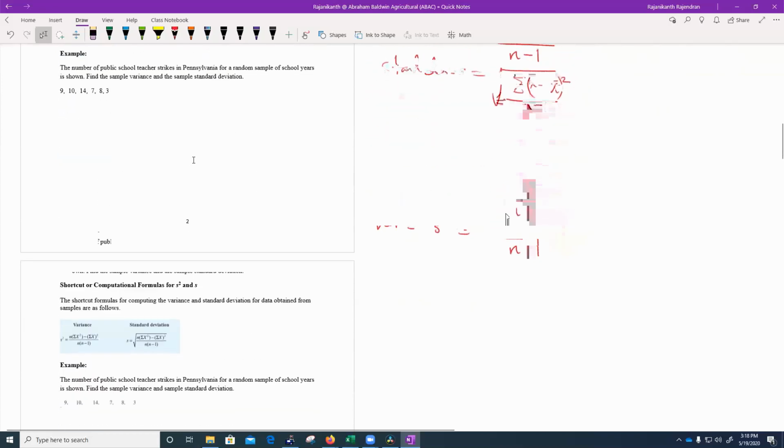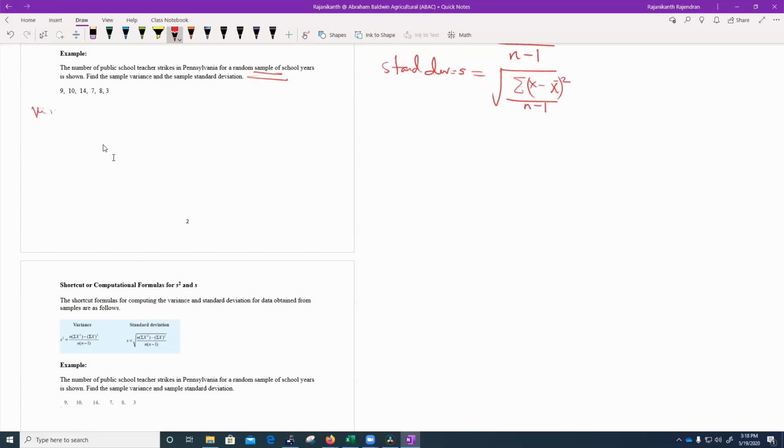Now let's look at this example. The number of public school teachers strikes in Pennsylvania for a random sample. You see, they are talking about the sample. Therefore, this problem is about finding sample variance and sample standard deviation. Let us do this problem. Let me write down the formula.